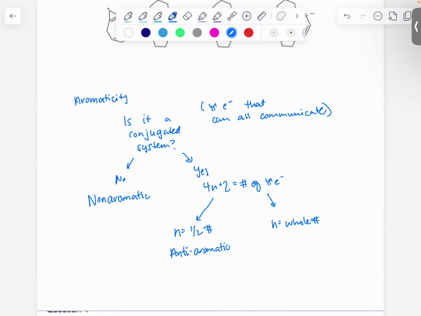If it equals a whole number, we have found an aromatic compound. They are different. I think Dr. Begley mentioned this in his slides, but anti-aromatic compounds are very reactive, whereas aromatic compounds are quite stable.